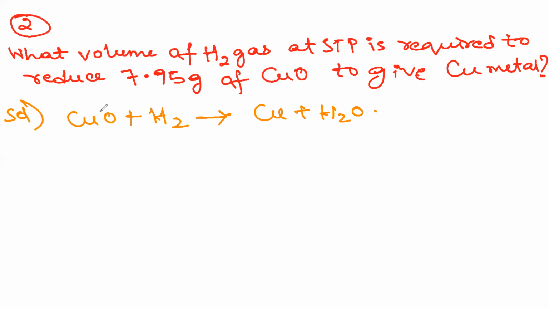So by this you can write 1 mole of cupric oxide is equal to 1 mole of hydrogen gas. First we have to calculate the cupric oxide weight: copper is 63.5 plus oxygen is 16, so it comes to around 79.5.